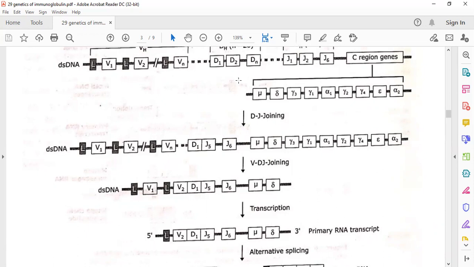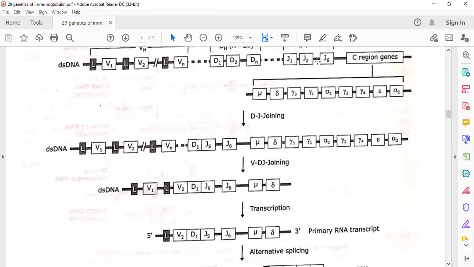There will be a cut from the D1 end and the D6 end. So the D genes between the D2 and the D6 will be cleaved and they will be rejoined by the DNA ligase. After that, there will be a cut between J1 and J5.